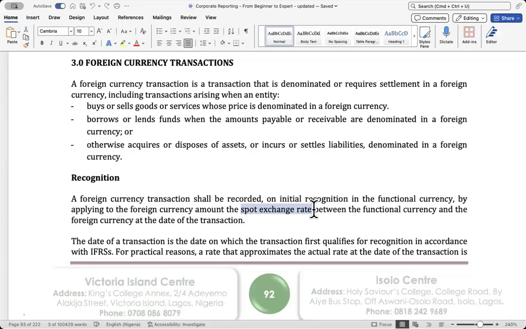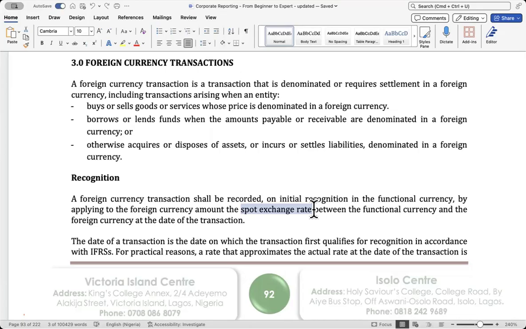Assuming for tax purposes, you have a foreign subsidiary, or you are a parent of a foreign subsidiary, and the foreign subsidiary translates itself in their functional currency.